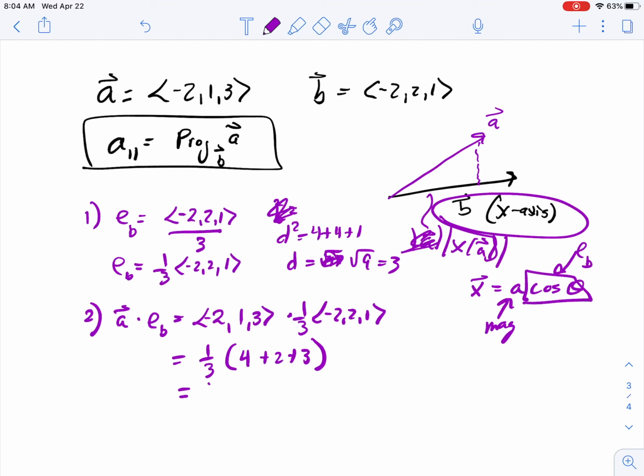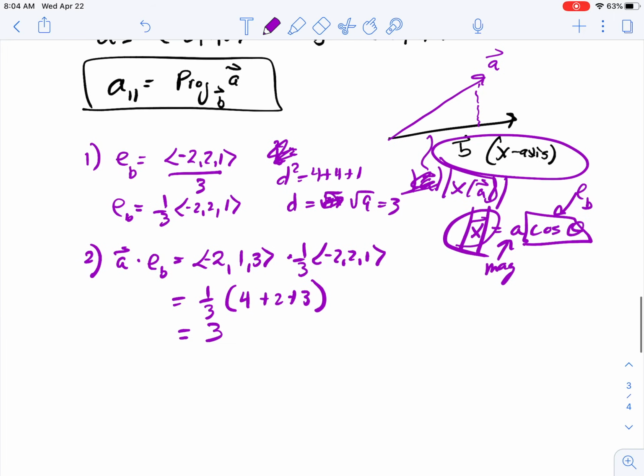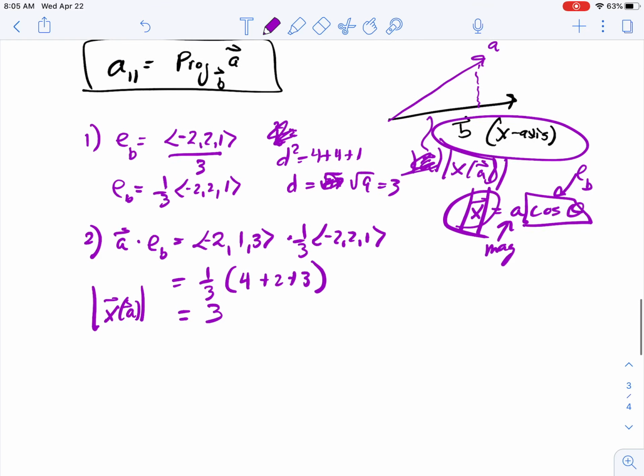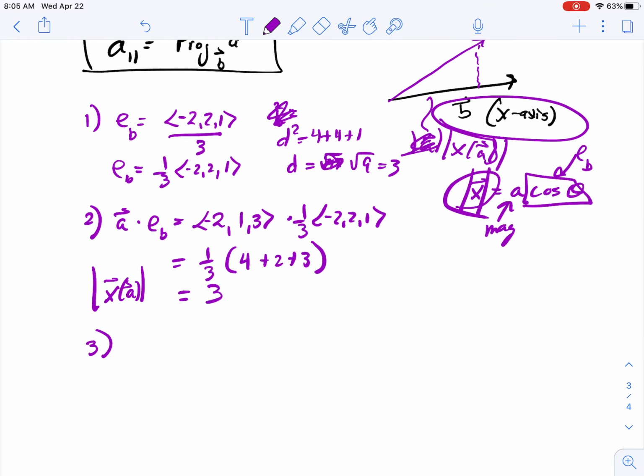So we got 9, is it? And that's our magnitude, and that would be the magnitude of our new x value. Okay. So basically, we found our new x component of A. But remember, this is the magnitude. So, but we need components.